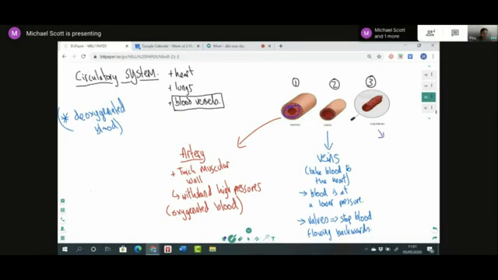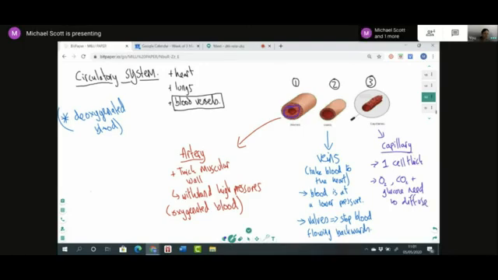And you'll notice that the capillary is 1 cell thick. Okay, it's an extremely thin blood vessel. And that suits its purpose, actually, because in the capillary, this is where oxygen, carbon dioxide, and glucose need to diffuse.